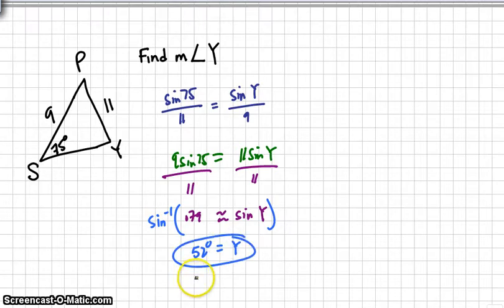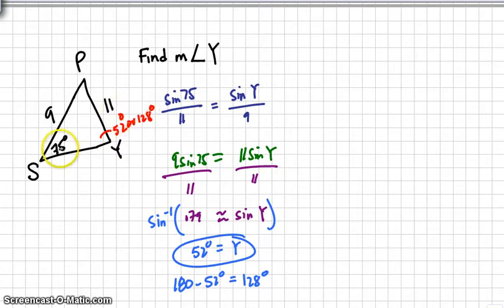Now if we verify the supplement to that, 180 minus what we just got, we would get the value of 128. Now on this one, we need to check for it, but on this one we're going to say that that doesn't work. If you think about angle y having two values of either being 52 or 128, remember that the angle that was given was the 75. 75 and 128, if you add those together, you're not going to have enough room for angle P. So on this one, we test for it, or we try to find it, but know that the supplement on this one doesn't work.